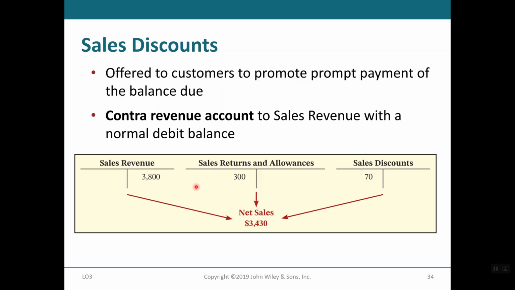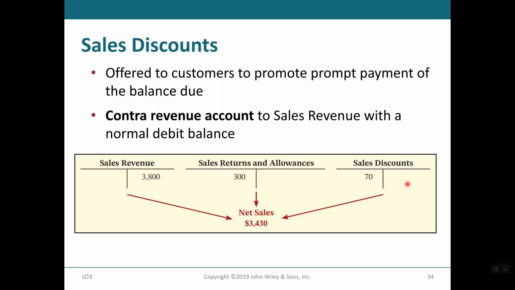So this is what's going to show from the seller's point of view. He's going to record the sale for 3,800. They return items back to him. Again, we do not debit the sales revenue account. We debit the sales return, and this sales return and allowance is always a debit balance. It is a contra entry for the sales revenue.